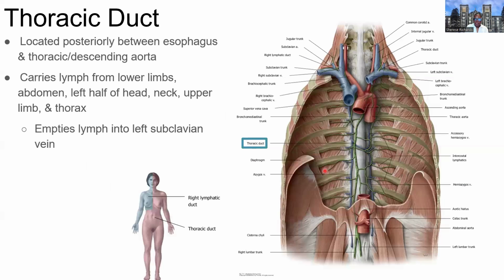Next, we have a lymphatic structure, the thoracic duct. So the thoracic duct is going to be the major thoracic lymphatic structure in the thoracic cavity.